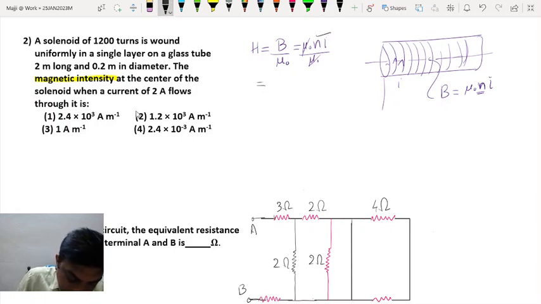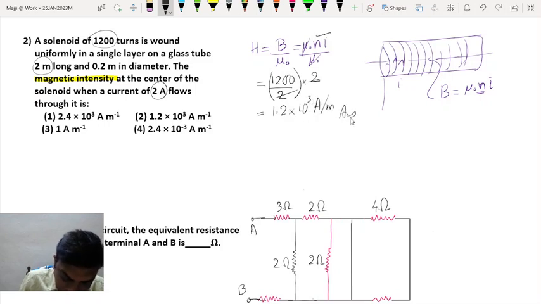So number of turns per unit length: over a length of 2 meters, there are 1200 turns, so turns per unit length will be 1200 by 2, and current carried is 2 ampere. So we have 1.2 into 10 power 3 ampere per meter. That is the second option.